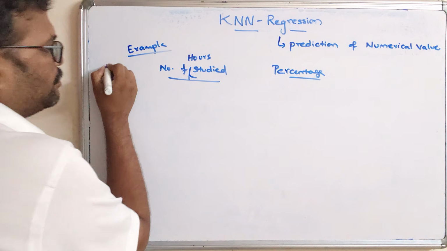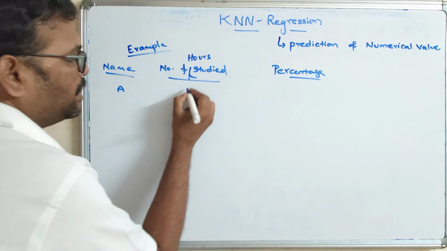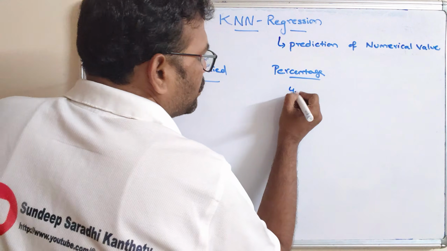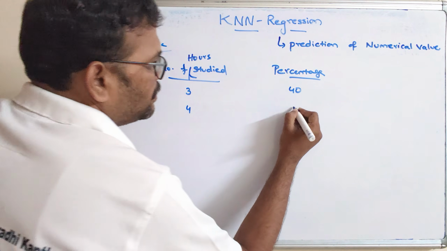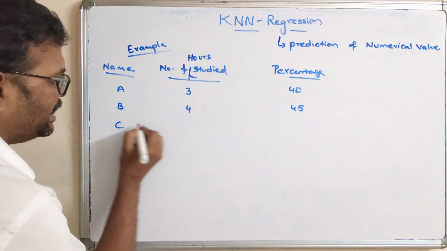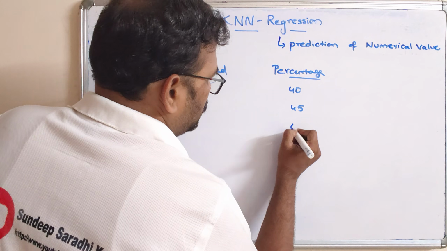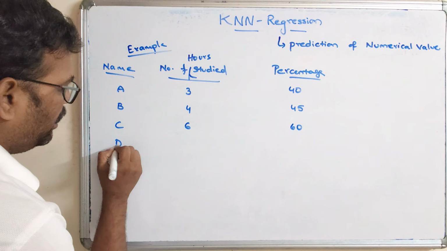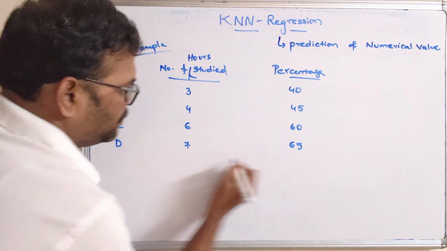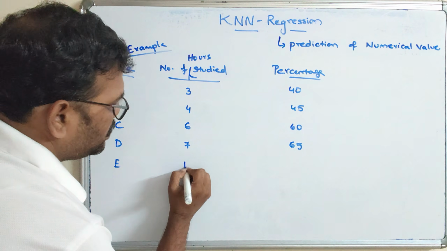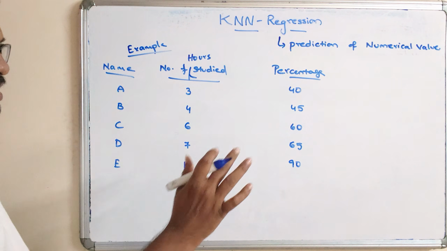Name of a student: student A studied 3 hours and got 40%. B with 4 hours, 45%. C with 6 hours, about 60%. D with 7 hours, 65%. E with 10 hours, 90%.